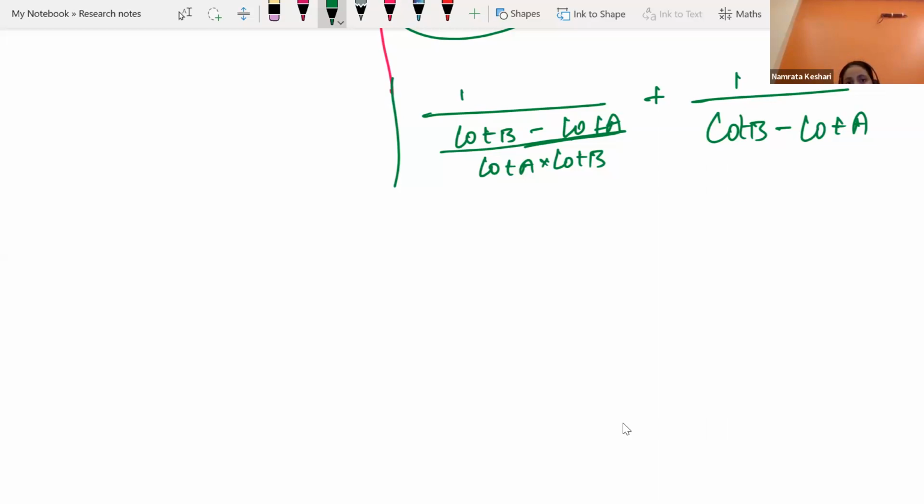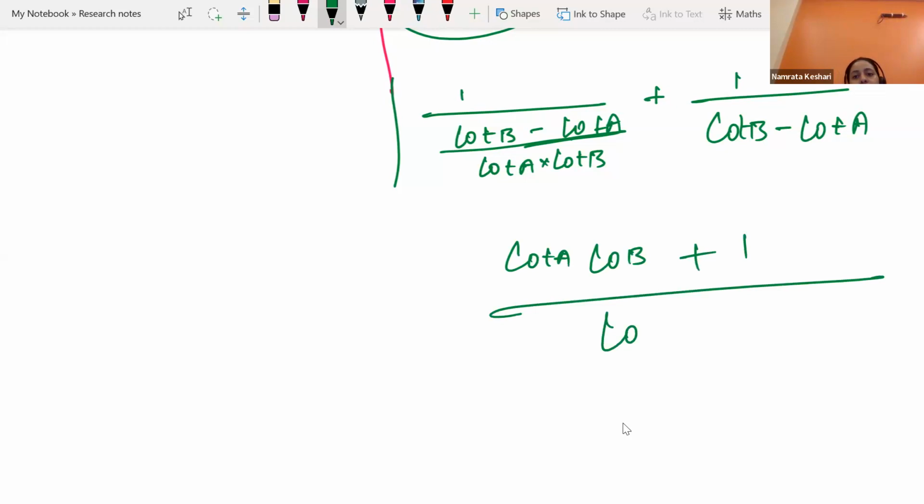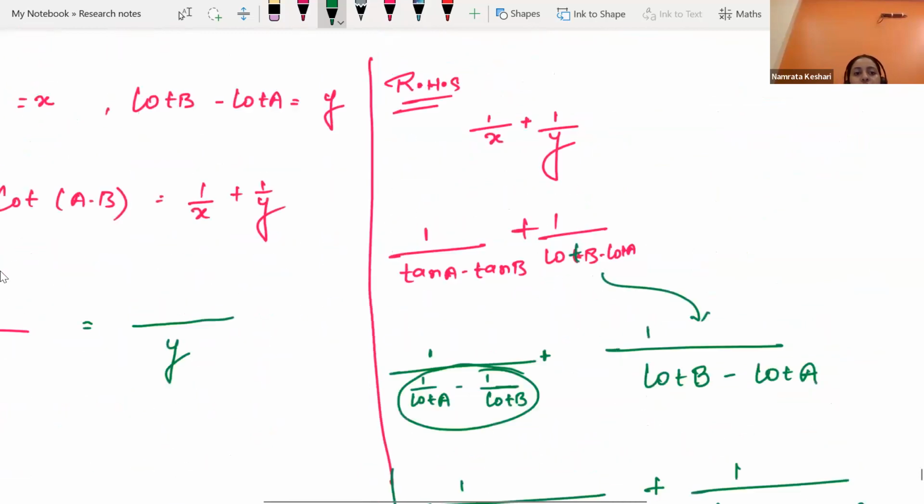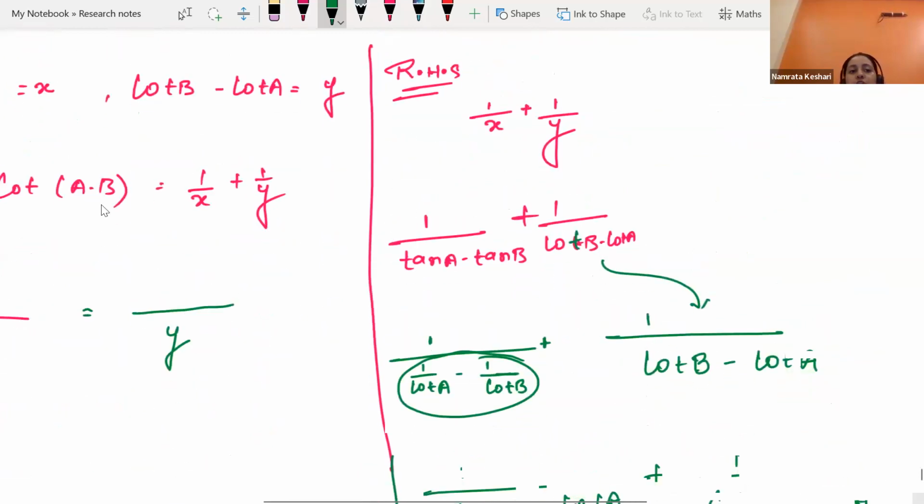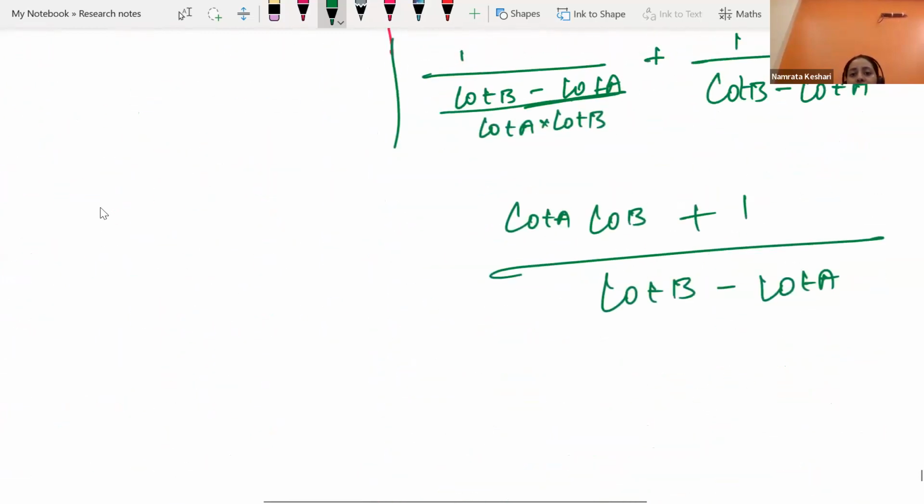Ma'am, cot A into cot B plus 1 by cot B minus cot A. Exactly, because both the denominators are exactly the same, that is cot B minus cot A, and this is the formula of cot A minus B, which we realized initially.